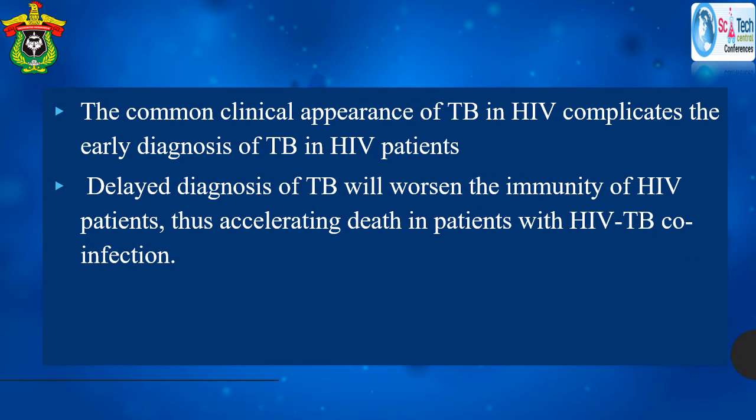The common clinical appearance of TB in HIV complicates the early diagnosis of TB in HIV patients. The late diagnosis of TB will worsen the immunity of HIV patients, thus accelerating death in patients with HIV-TB co-infection.